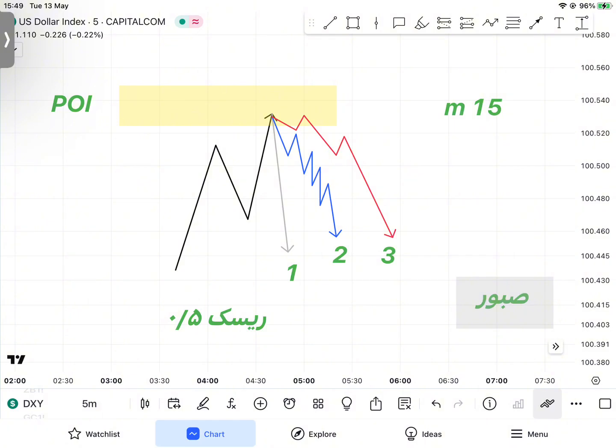Now, what is our solution? What do we do to avoid this situation? Our method is that when we took our entry point on the M15 time frame, we can go and work with it on the M1 time frame later.